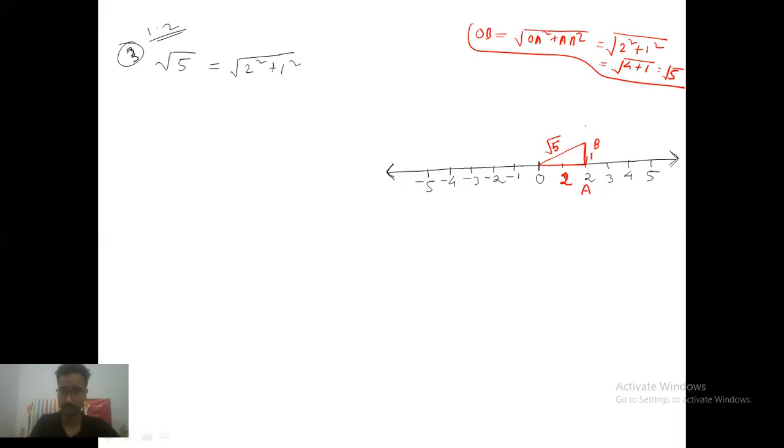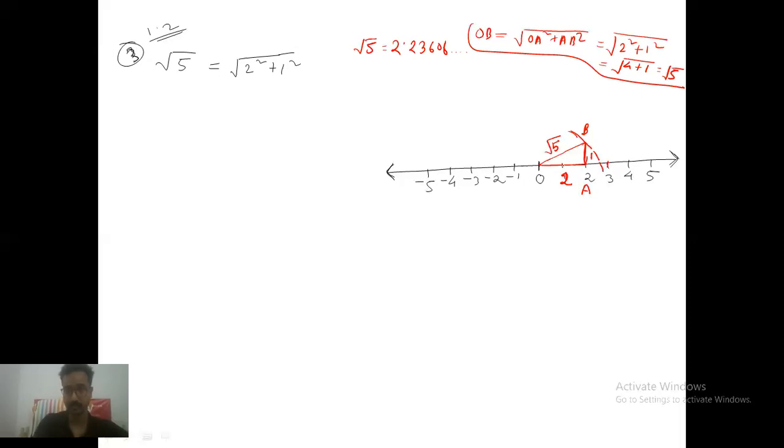Okay, suppose this is your B. Now when you draw an arc, it will be like this. And when you calculate the value of root 5, it is approximately 2.23606 like this. That means it will lie between 2 and 3. Yes or no? So when you draw an arc taking O as the center and OB as a radius, the arc will be like this, between 2 and 3.